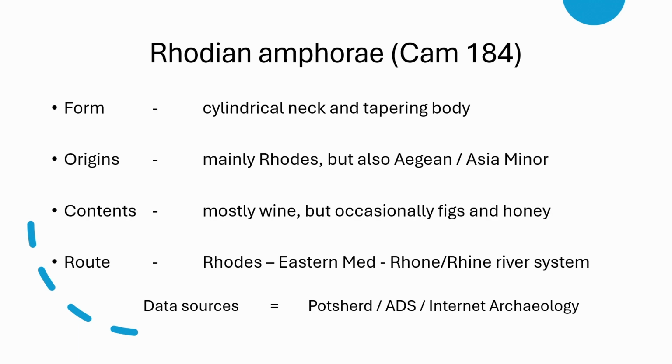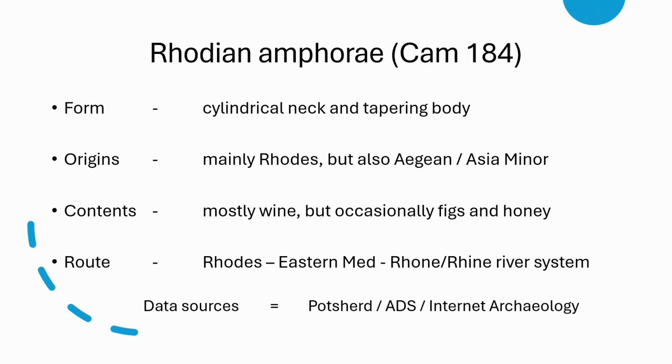Their origin is principally, I think, from the Isle of Rhodes, although they do occur in the Aegean and Western Asia Minor in smaller numbers. Contents predominantly wine, but occasionally other things, figs and honey, are thought to have been carried as well.